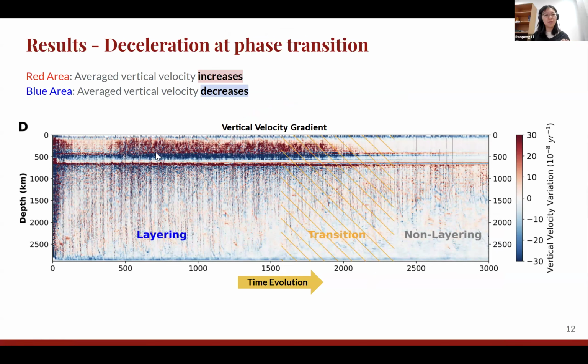So basically the red color means the plumes are accelerating and blue means they are decelerating. And we can see really obvious and strong decelerations of plumes for the first at least 1.5 billion years of the long-term model. And then the decelerations become weaker and weaker, and are eventually gone for the later stage of the model.